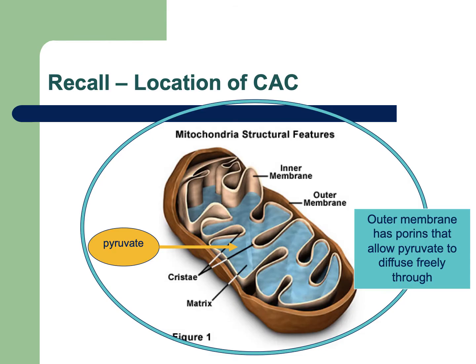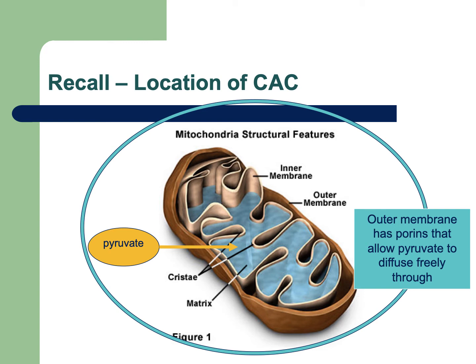To begin, we need to recall the location of the citric acid cycle, and this is in the mitochondria of every cell. Specifically, the citric acid cycle happens in the mitochondrial matrix, which almost looks like a water-like material inside the mitochondria. That's known as the matrix. And so pyruvate has to get through the outer mitochondrial membrane and the inner mitochondrial membrane in order to be converted to acetyl-CoA.